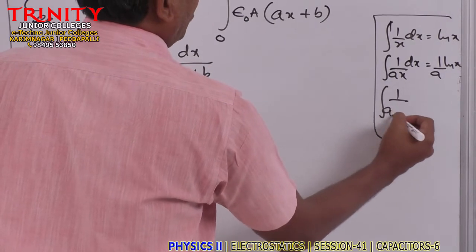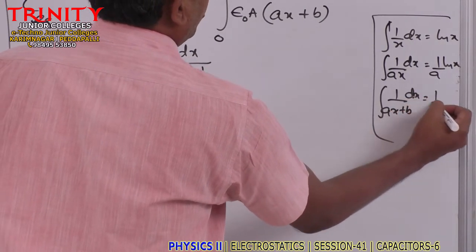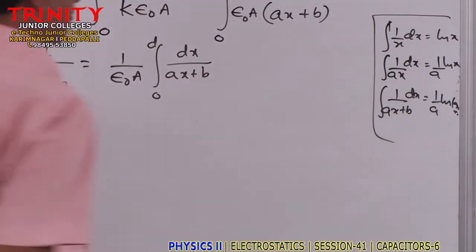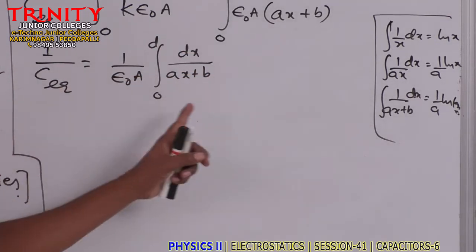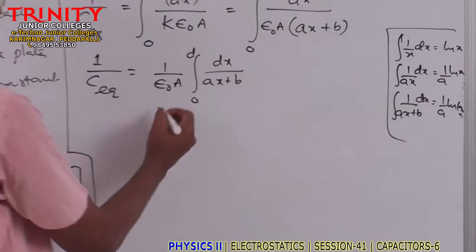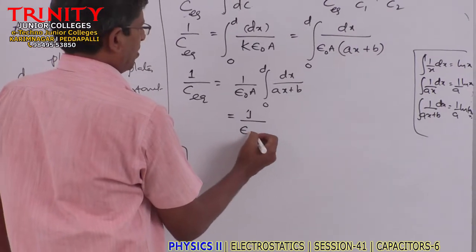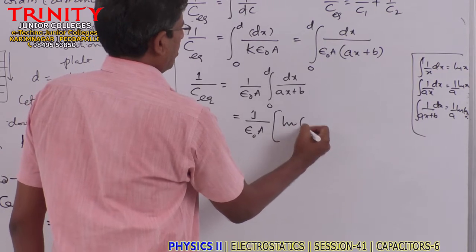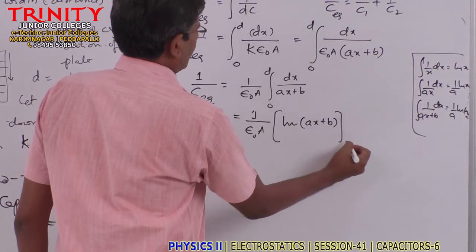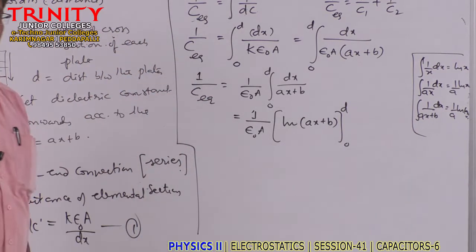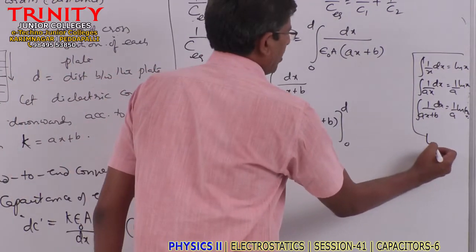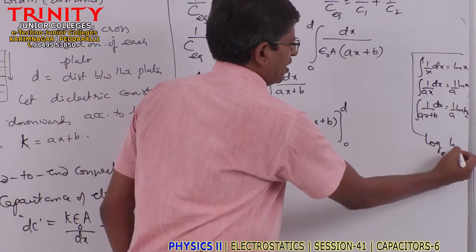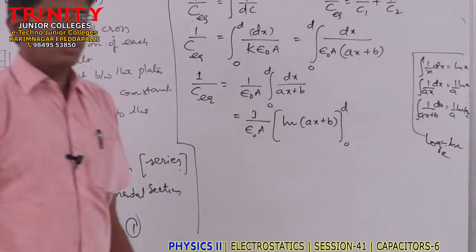If I write 1 by Ax plus B, the coefficient of x comes out, giving 1 by A ln of Ax plus B. These are the mathematical formulas you need to know before coming to this evaluation. So the integration gives ln Ax plus B with limits 0 to D. Instead of ln you can write log base e, both are the same.